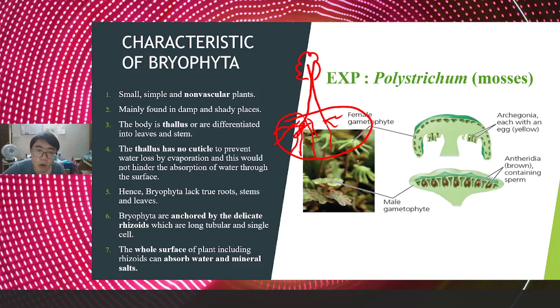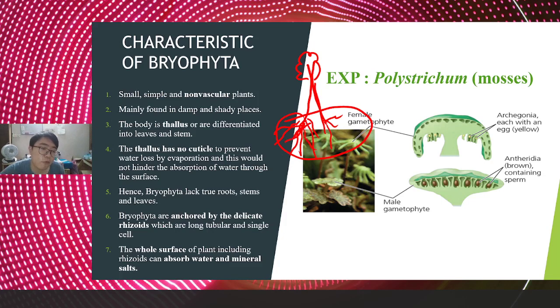Although it is very small and simple, it also needs support. If not supported, macam mana nak keluar? Because plant tak boleh gerak punya. Plant bukan macam animal, dia ada kaki boleh gerak sini gerak sana. Plant hanya boleh letak dalam sana saja. It cannot move anymore, so it must have support.